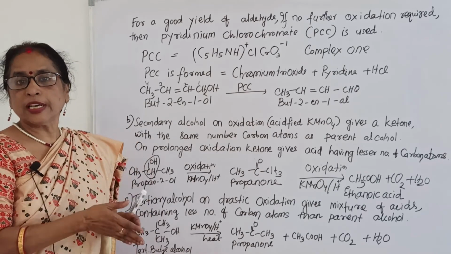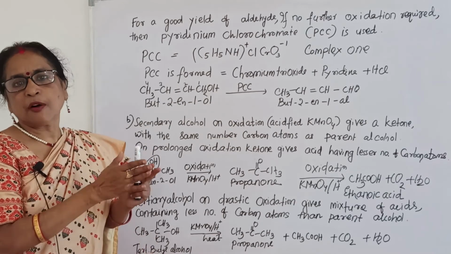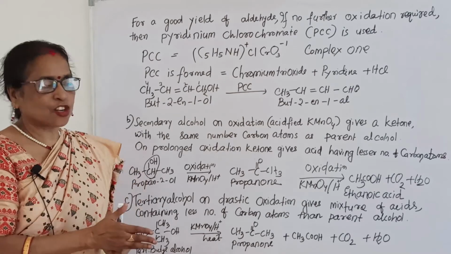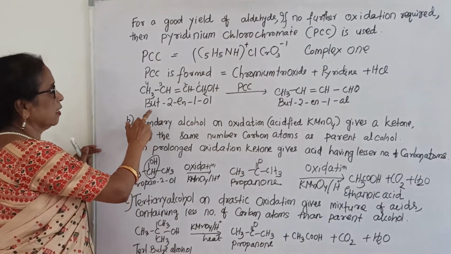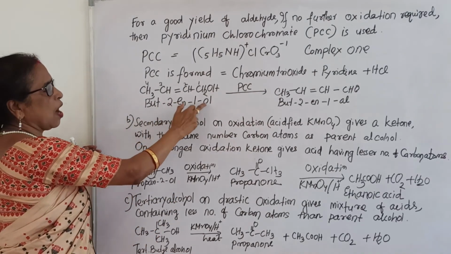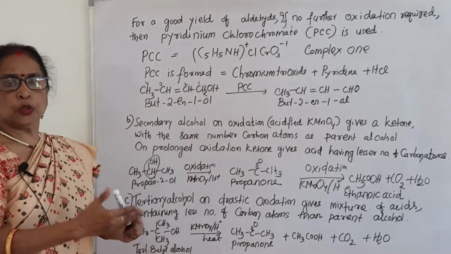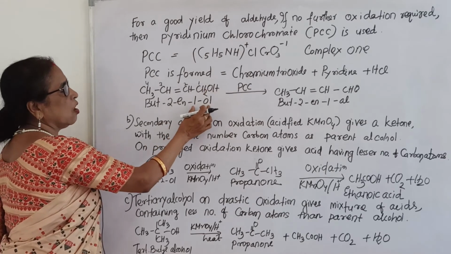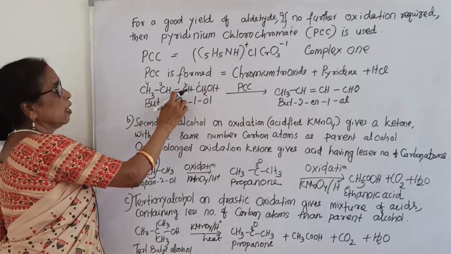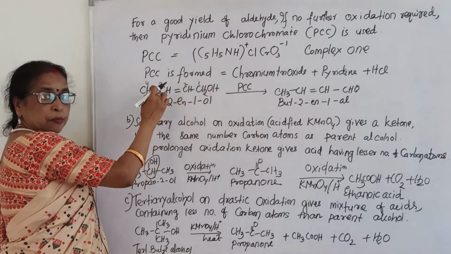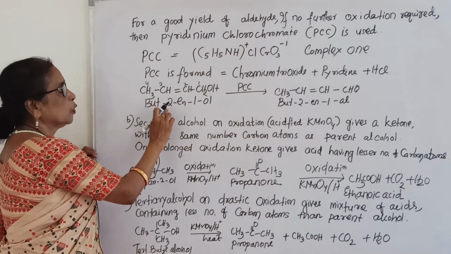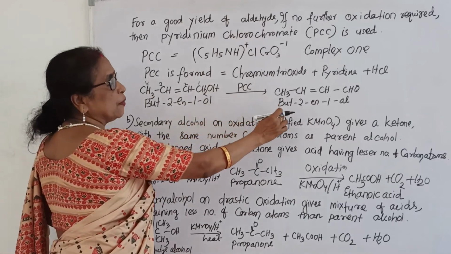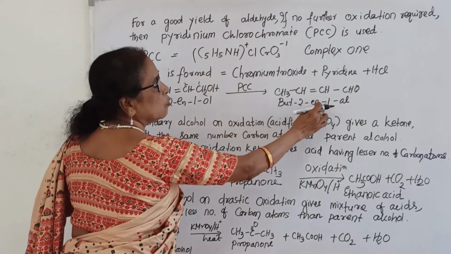The oxidation is stopped there. Now take but-2-en-1-ol. How do you know it is but-2-en-1-ol? See, at 1 there is OH, so 1-ol. At 2 there is a double bond, so 2-ene. Total 4 carbons, that is but-2-en-1-ol. Using PCC, it gives but-2-enal.